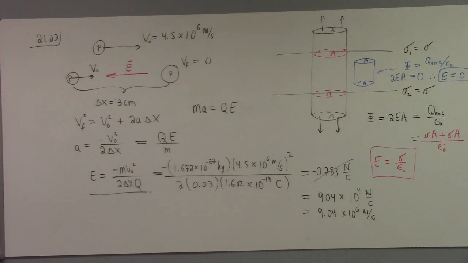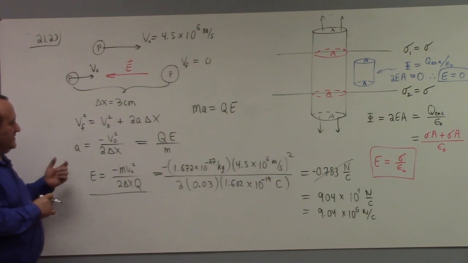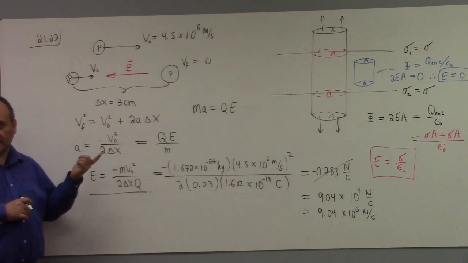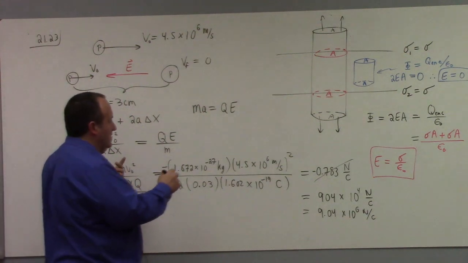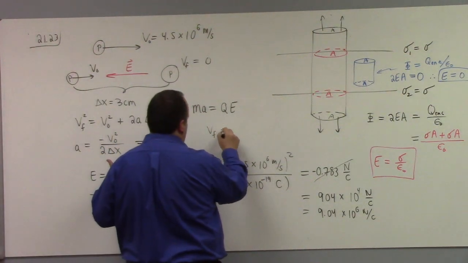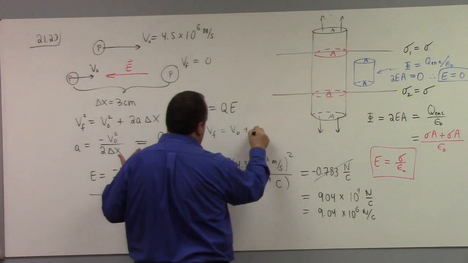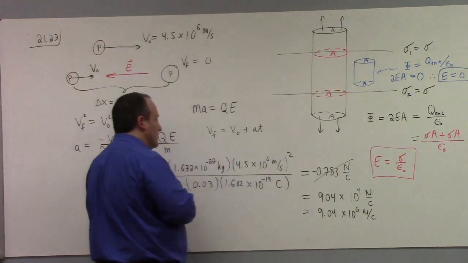The second part of the problem is what? How much time does it take for the proton to stop after entering the field? How would you guys answer that? Its velocity is equal to a times t, right? Well, that's not quite true, right? We have Vf equals V naught plus AT, where A is negative, if you like.